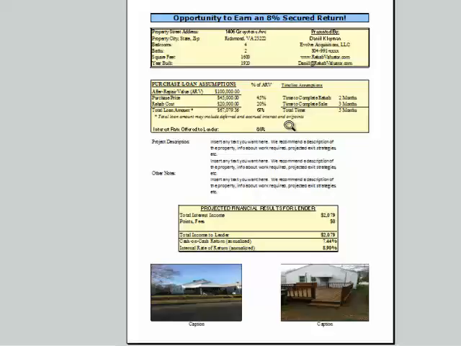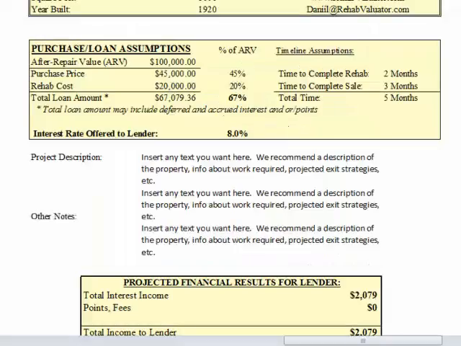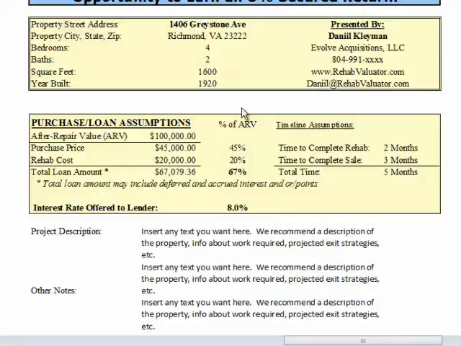Basically, you're showing them right here, very quickly, property information, your contact information, after repair value of the deal, purchase price, and rehab cost. This is the total loan amount, and it will be your purchase price plus your rehab cost plus the interest that you're not paying them during the project that you will pay them on the back end.